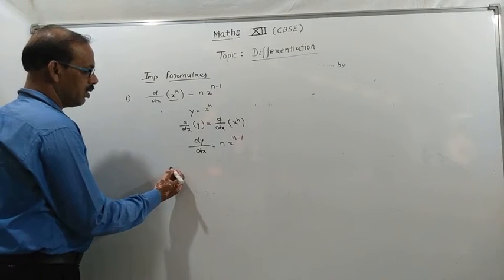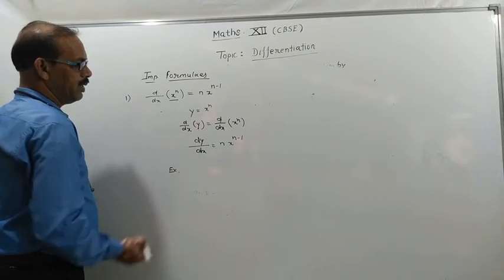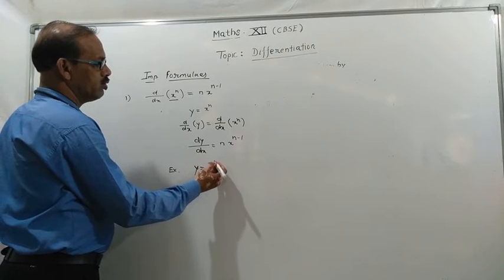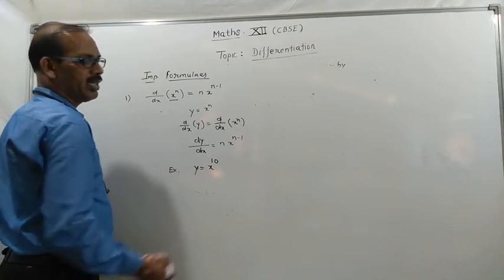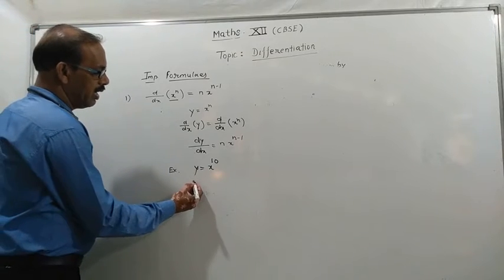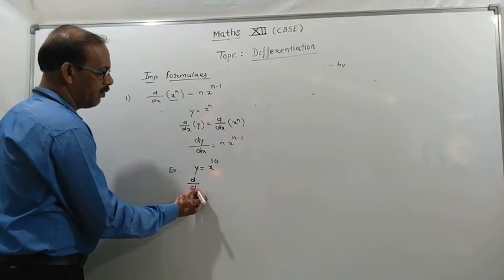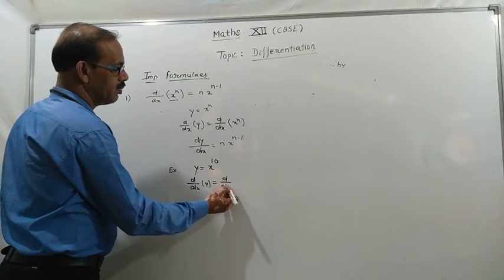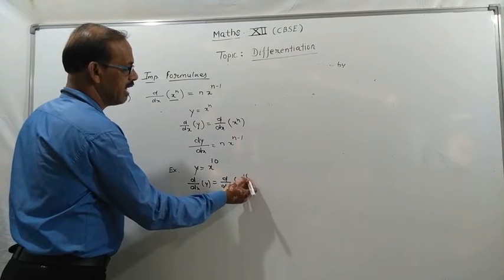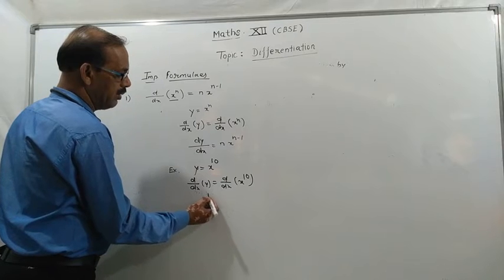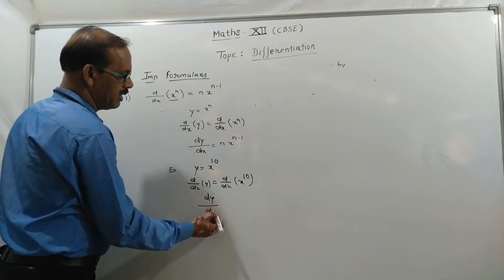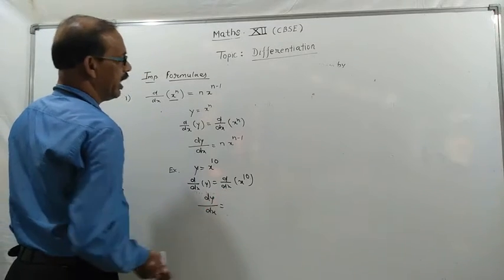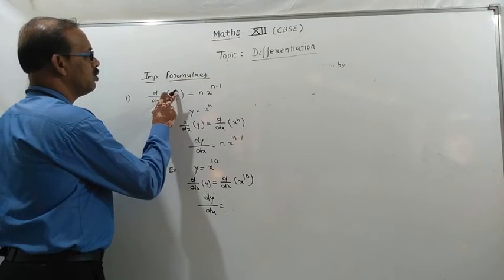Now, example number 1. If the value of y is given as x to the power, suppose 10, then the derivative of y is equal to the derivative of this RHS, that is x to the power 10, which can be expressed by writing dy/dx in the left hand side is equal to, according to this formula, x to the power n.